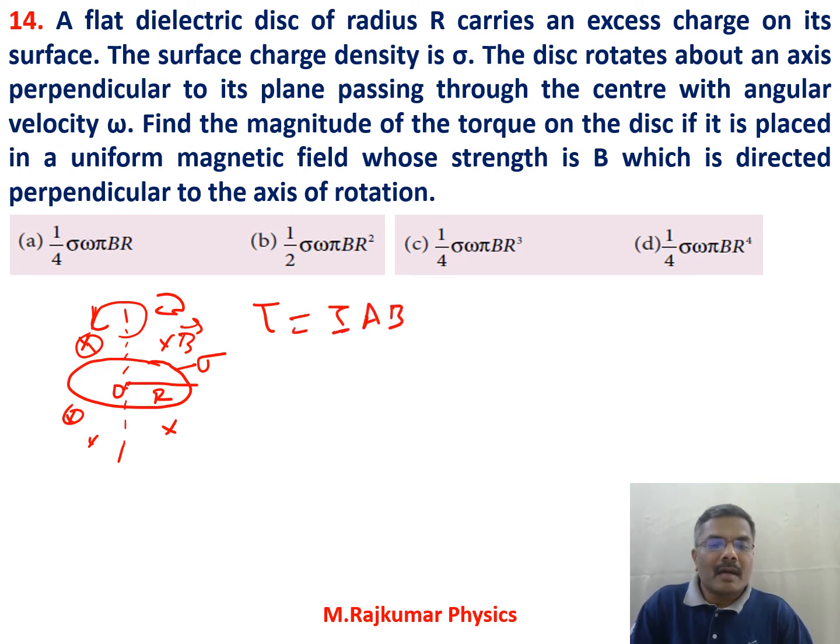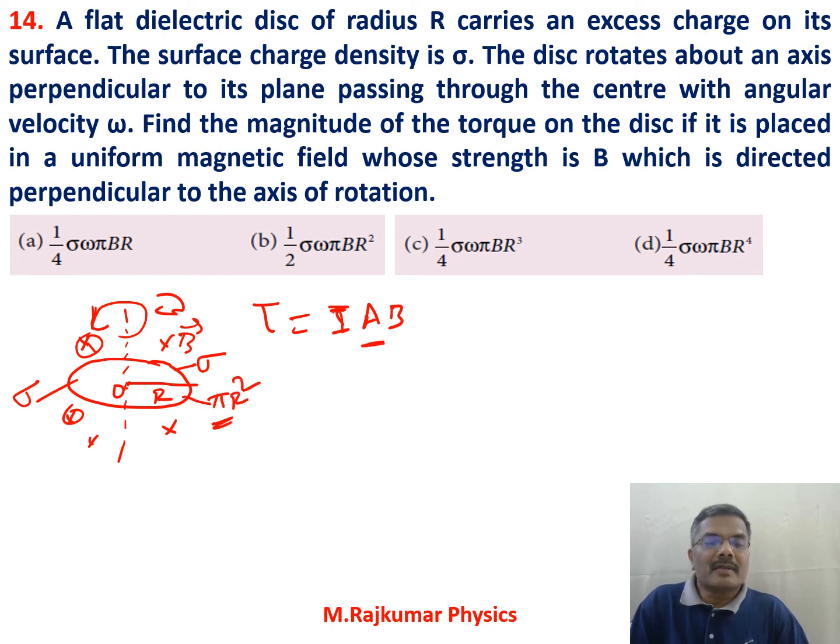So I is the current passing through this disk. Here they have given only the charge, the surface charge density sigma. Then I can find the area of the disk, which will be pi r square. That is the A value.